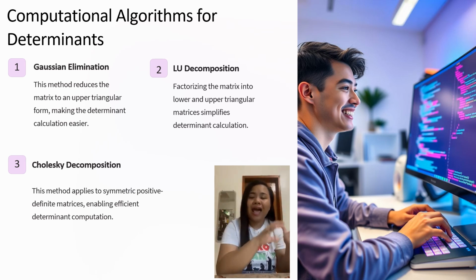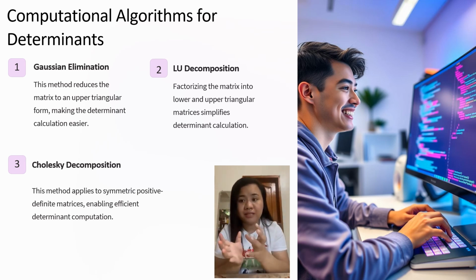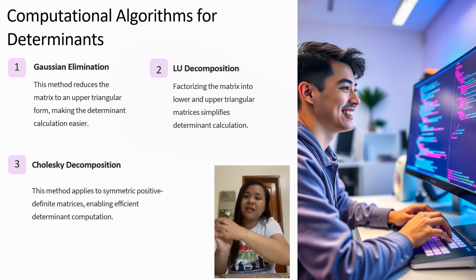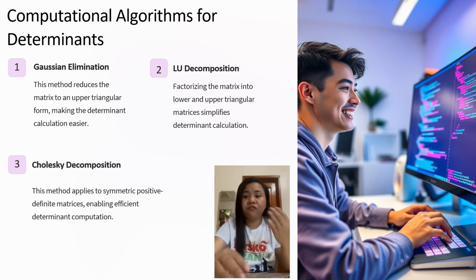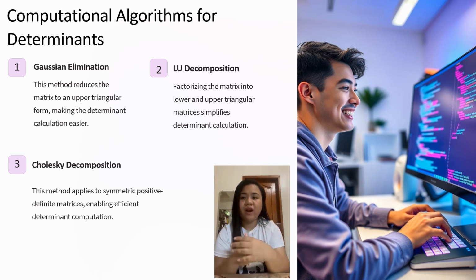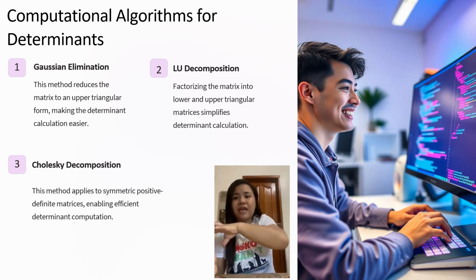Since both L and U are triangular matrices, their determinants are simply the products of their diagonal elements. This makes the determinant calculation efficient, but there is also a complexity again. LU decomposition requires O(n³) time for an n by n matrix.